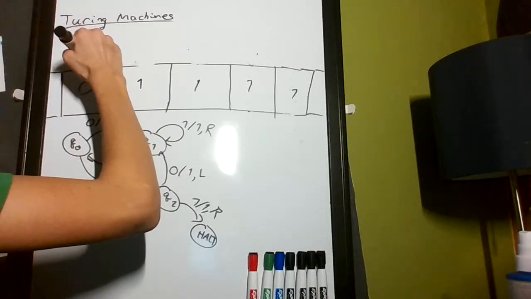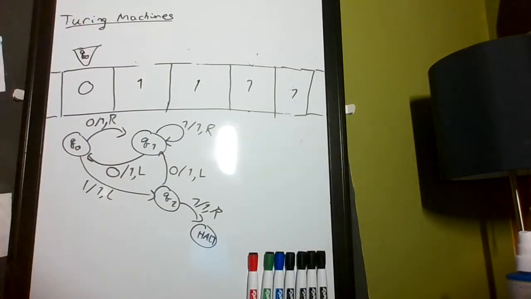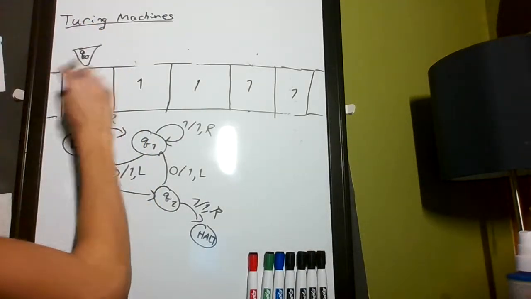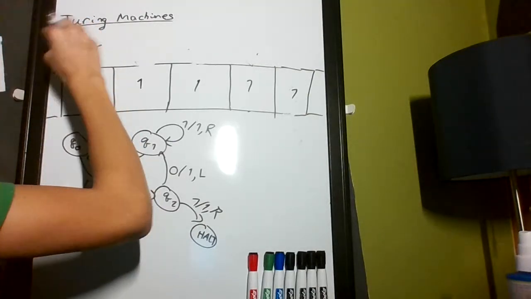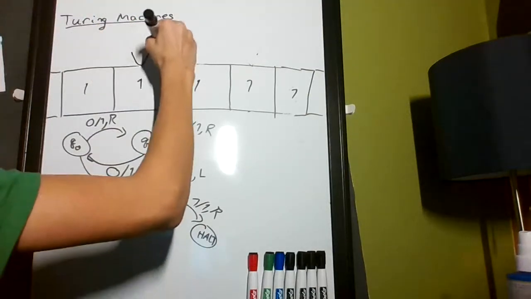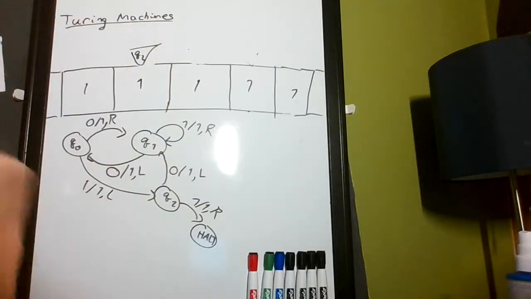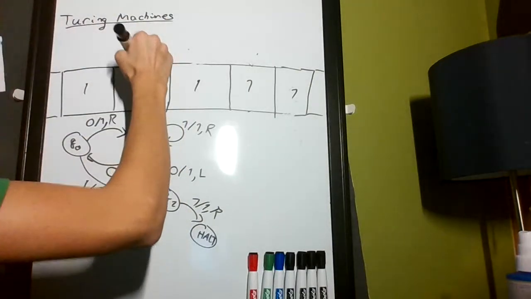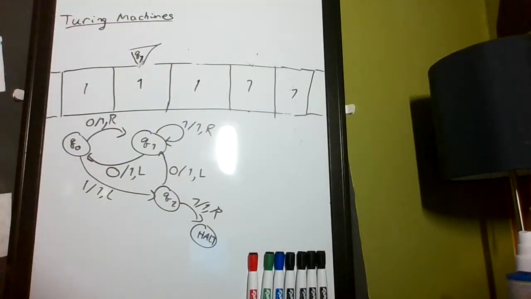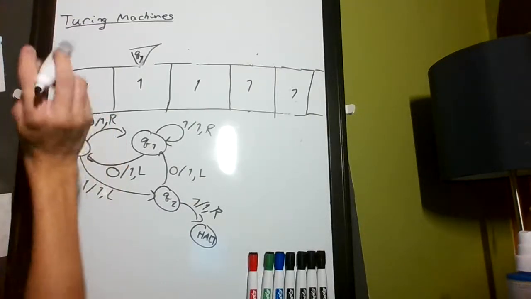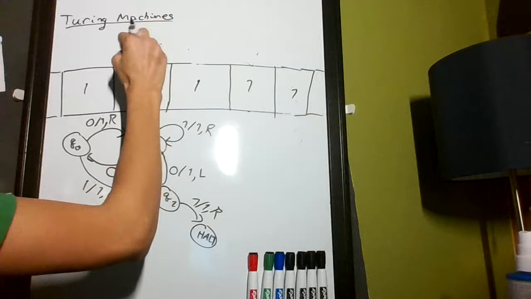So this is going to be Q0. Now Q0, if I read a 0, I'm going to write a 1 and move it to the right. Q1, sorry. Move the state to Q1. Now I'm reading a 1. So what I'm going to do is I'm going to write a 1 and then move it to the right.